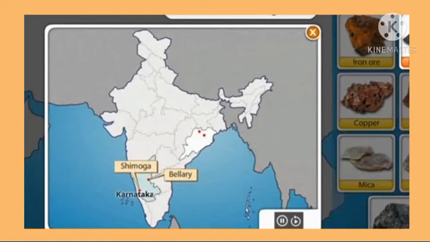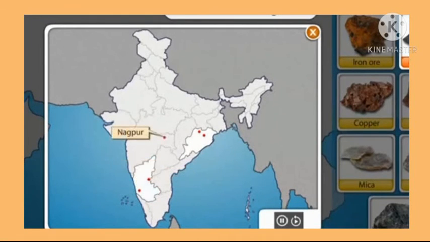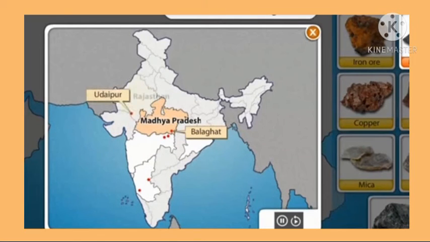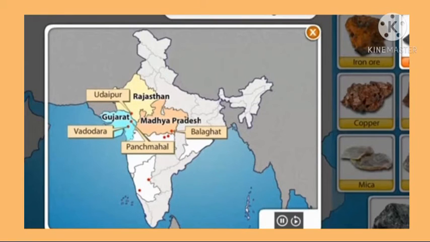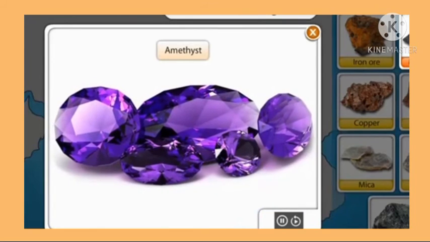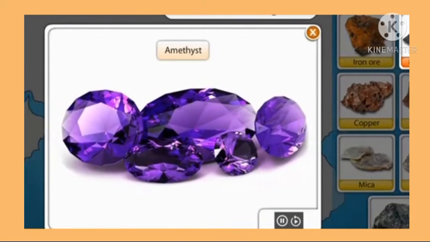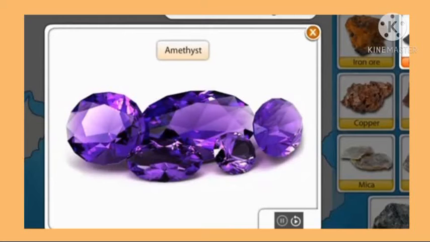Bellary and Shimoga in Karnataka, Nagpur and Bhandara in Maharashtra, Balaghat in Madhya Pradesh, Udaipur in Rajasthan, Panchmahal and Vadodara in Gujarat are some of the other places where manganese is mined. Did you know that the presence of manganese in the amethyst gemstone gives it this beautiful purple color?